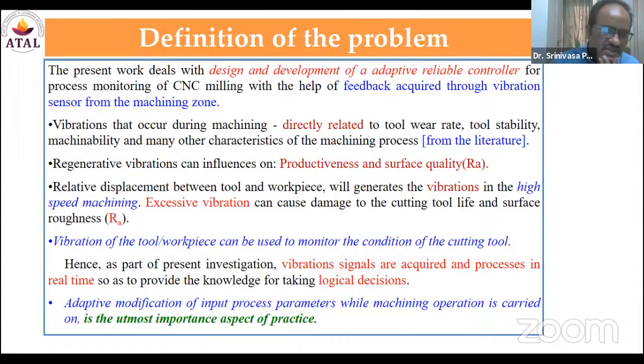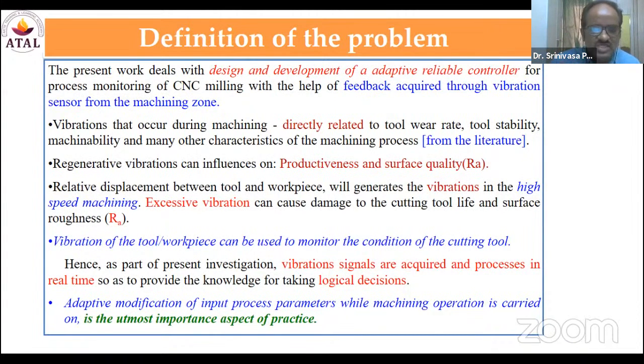If the flank wear is less than 0.3 mm, you can continue the machining, because it is high-speed machining. High-speed machining generates highly smooth surfaces. I can give a cutoff value of the cutting tool flank wear up to 0.6 mm, but if I give 0.6 mm, I need to increase the acceptable range for the vibrations also.